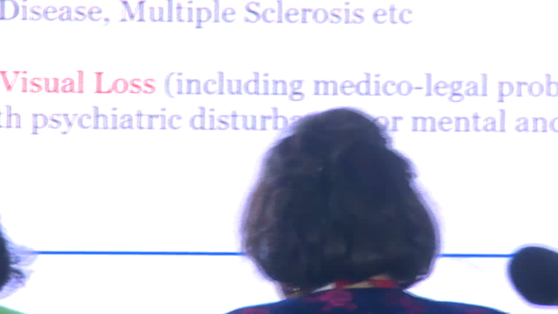It is used to localize the problem in the visual pathway, because symptoms, history, family history, and clinical examination have their own limitations. Patients with night blindness may have many other causes apart from RP. An absolutely normal looking retina may have no vision, and retinal pigment abnormality may not match the amount of visual loss, the amount of blindness that the patient has.